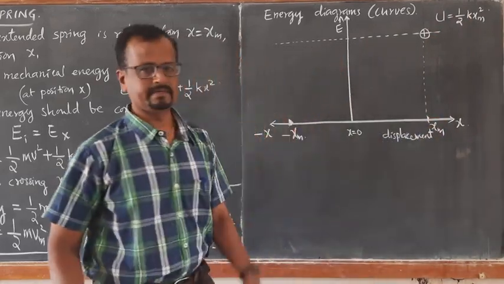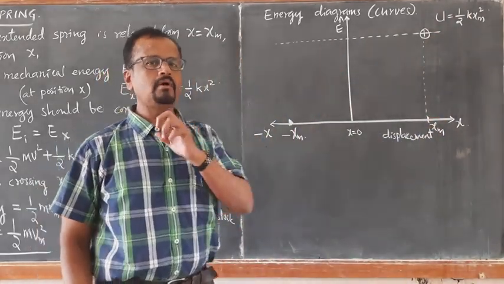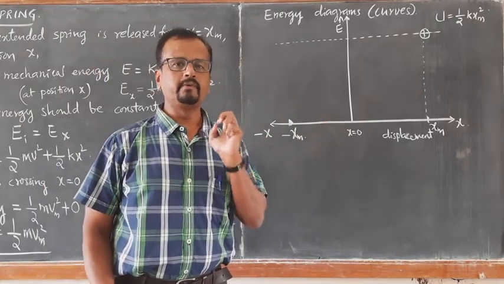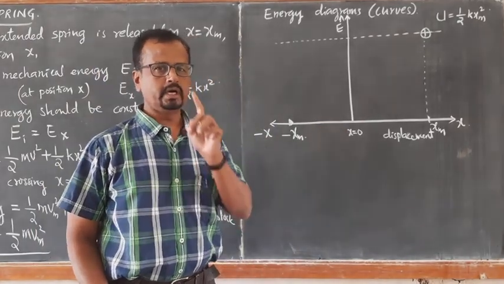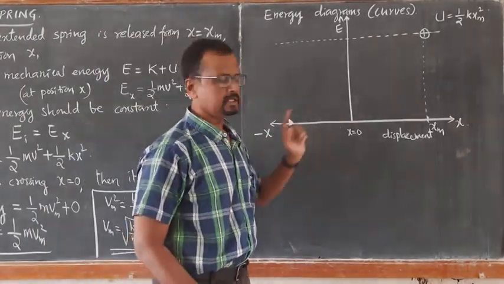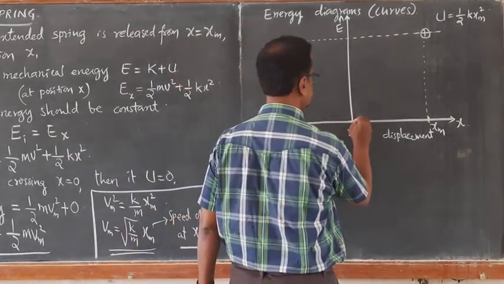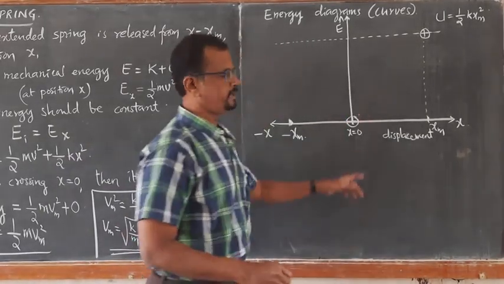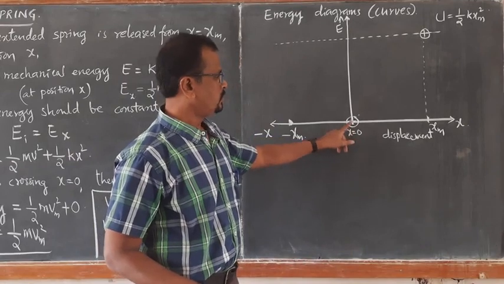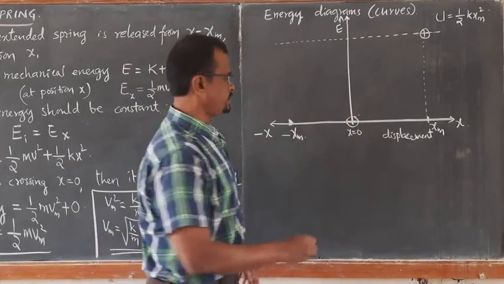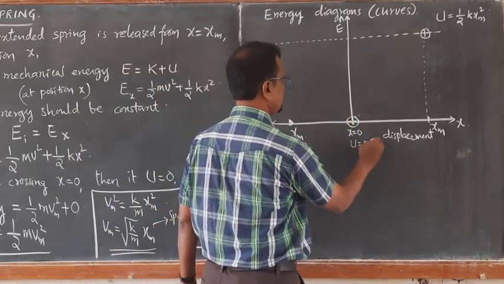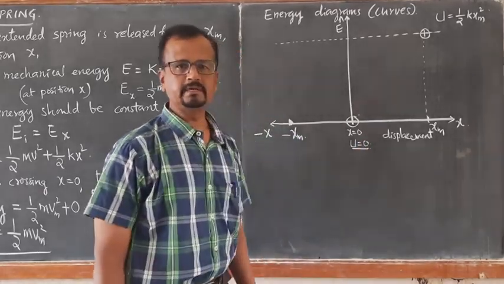When the block returns back to the equilibrium position, x equal to 0, potential energy becomes 0.